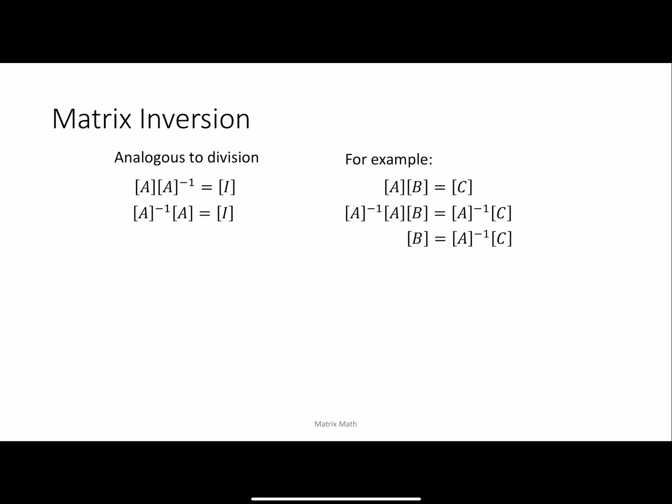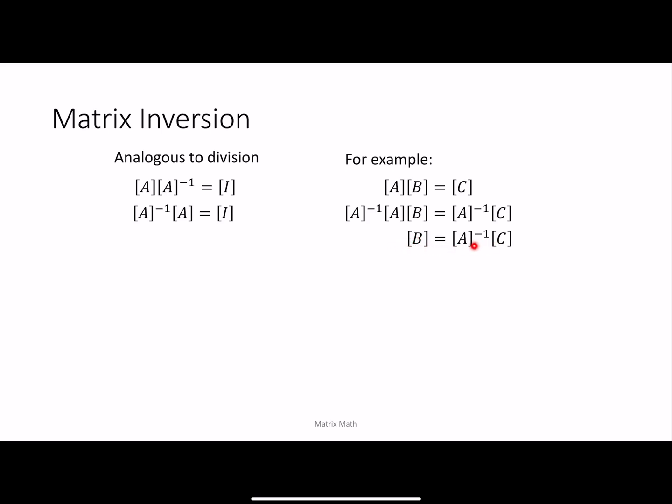Right, and with this notation, we can start doing some algebra. So for example, if I have a matrix times a matrix equals another matrix, which is another way to write our linear system of equations, right? If I multiply both sides by A to the minus 1, so I have multiplied A to the minus 1 times A here, and A to the minus 1 times C, I multiply from the left, from both sides, I have to do the same thing to the left side and the right side, then A to the minus 1 times A is the identity times B, and the identity times B is simply B, as you can double check.